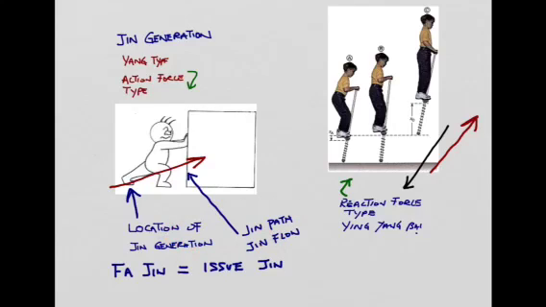Now in Jing generation, actually there are 2 types. There's the yang type, or what I call the action force type, and then there is the reaction force type, which I call the yin yang balance type. By the way, I didn't invent these terms.